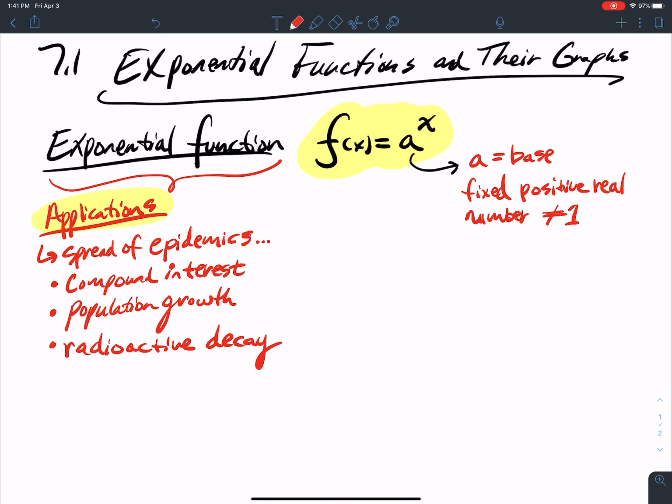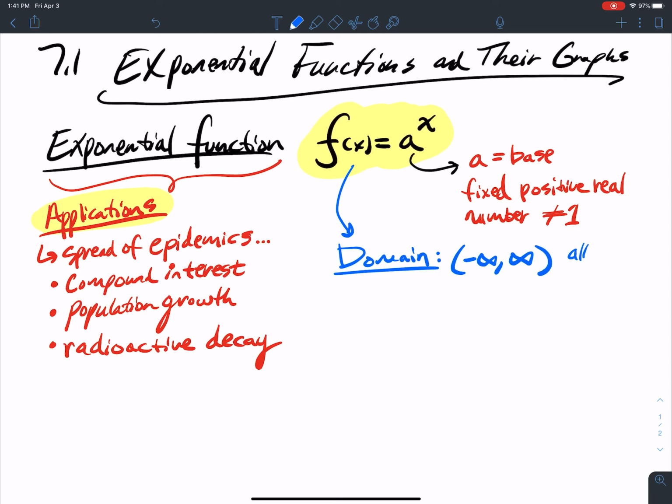So let's talk about the domain and the range of exponential functions. So the domain, any number I plug in needs to spit out a real number. The domain for exponential is negative infinity to infinity.